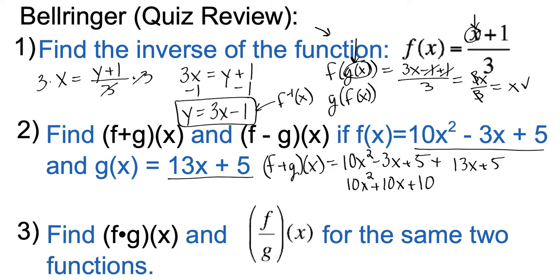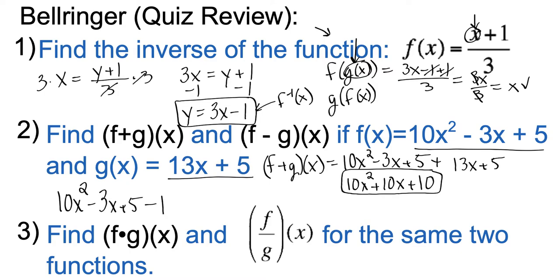Okay, so for f minus g of x, we have to subtract them. And remember, this right here means we're going to have to distribute the negative through the g function or change all the numbers, the signs, okay? That's the way that works out. So we will have 10x squared minus 3x plus 5, and we're going to subtract this whole thing.